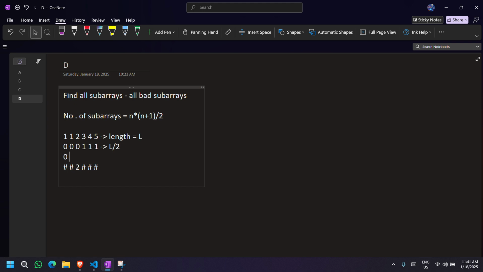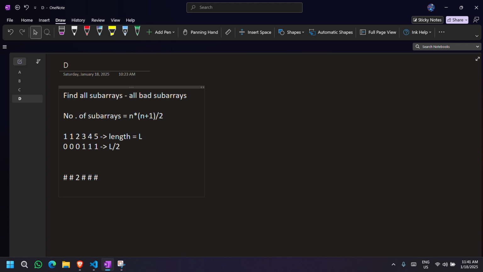You can consider this: if the array is something like this, then it is good, because the middle element is equal. I am considering only 2, the current median is 2. If this is the case, then you can't form a partition here in the middle. It will be a good subarray.